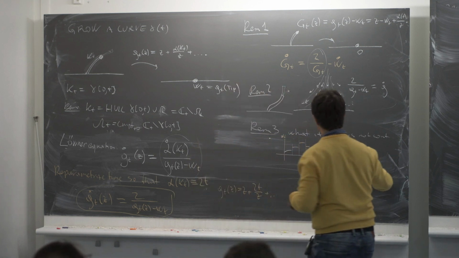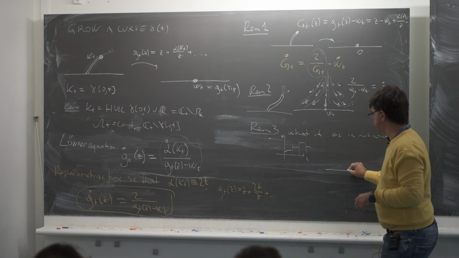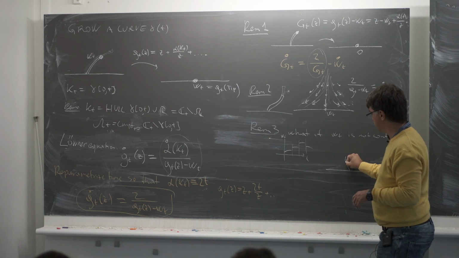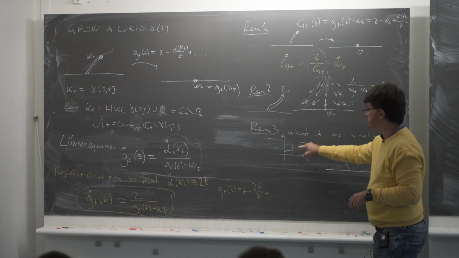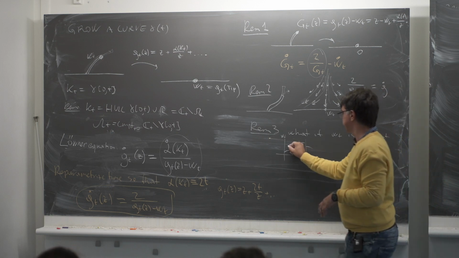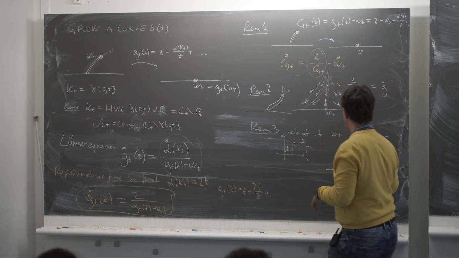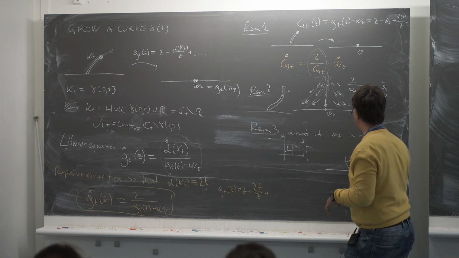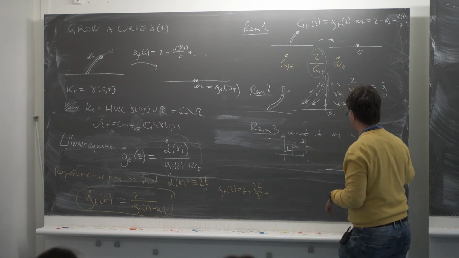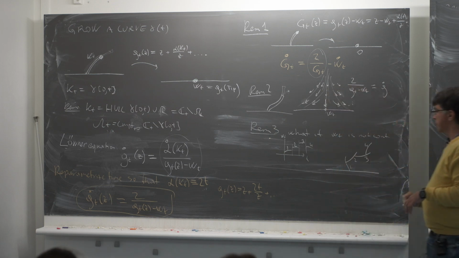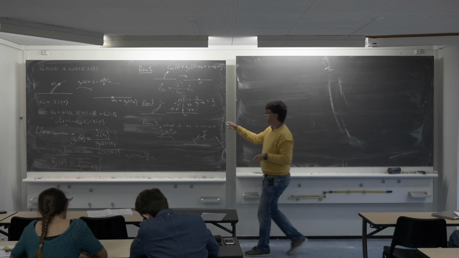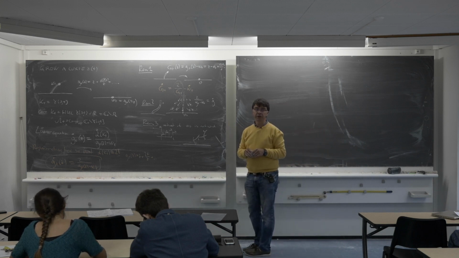So while it's continuous, we draw a continuous curve. But when it jumps, we start drawing a curve at a new place, which corresponds to the image of W_t at this point. Then when it jumps again, we start drawing again, and when it jumps again, we start drawing the fourth part, and so on. So one way, if you want to draw a tree, is to just have a W_t which is jumping.